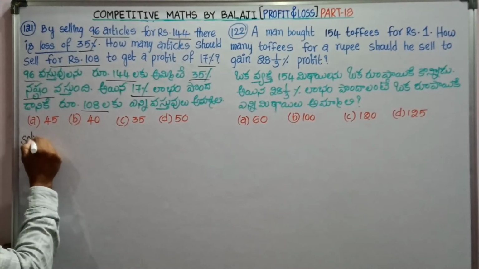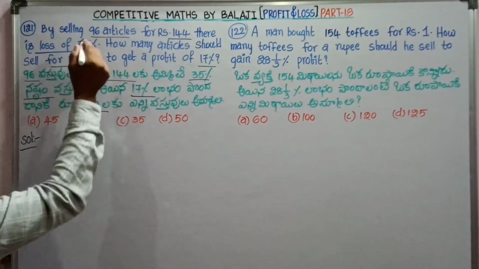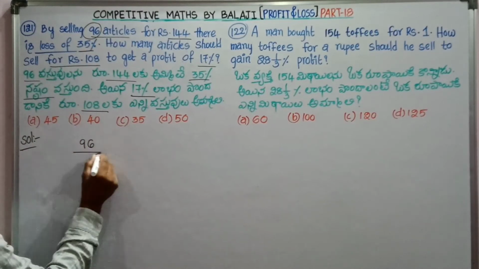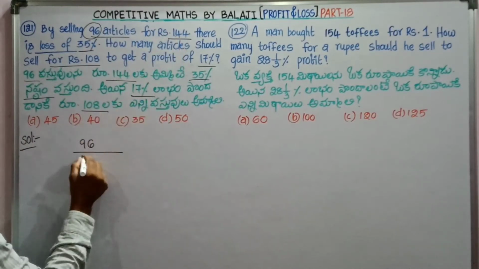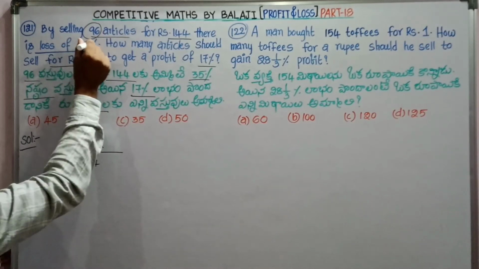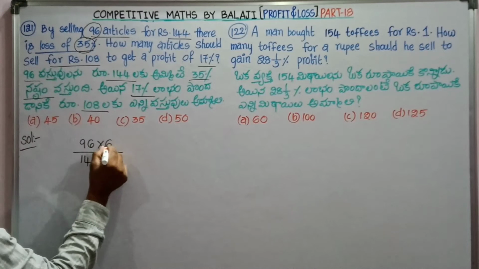Solution, same model. The number of articles, 96, are sold for rupees 144. Then the effective percentage is 100 minus 35, that is 65%.